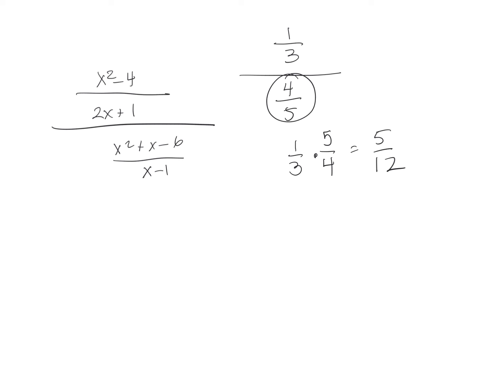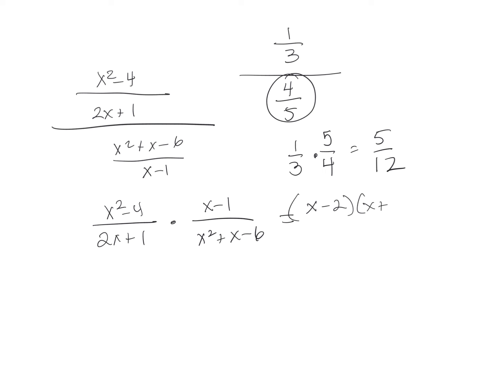You have that. So we're going to do the same thing here. I'm going to have x squared minus 4 times, let's flip this up. And now if I want to simplify this, I'm going to factor this guy, factor my whole top, factor my whole bottom.